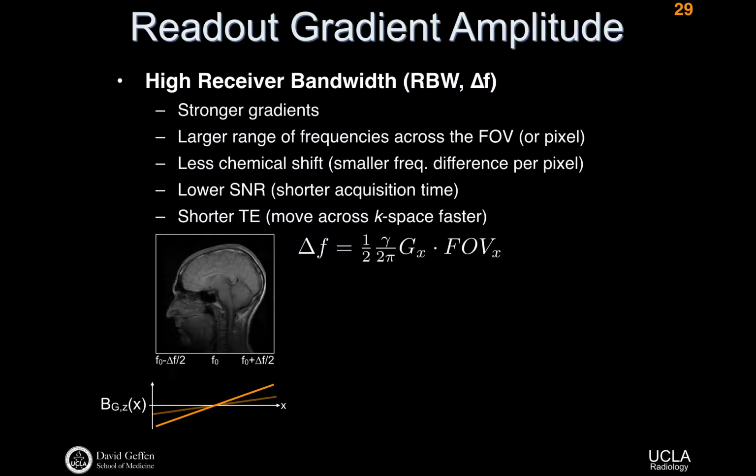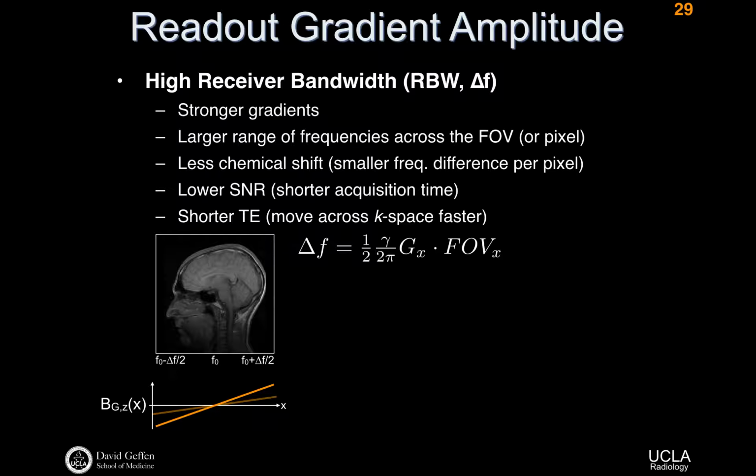So how do we go about picking this? Well, we talked about high receiver bandwidth before and the advantages and disadvantages, right? High receiver bandwidth means we need to use stronger gradients, and that gives us a large range of frequencies across the field of view. I can choose no gradient, in which case I should have no frequency distribution across the field of view, or I can choose a stronger and stronger gradient and get more frequencies across the field of view, or in fact across the pixel.